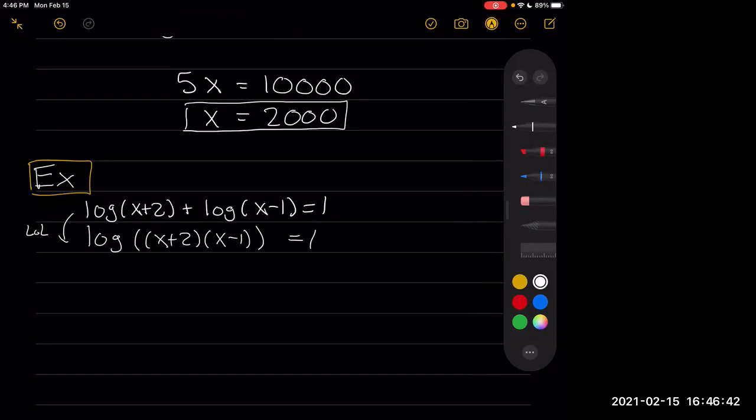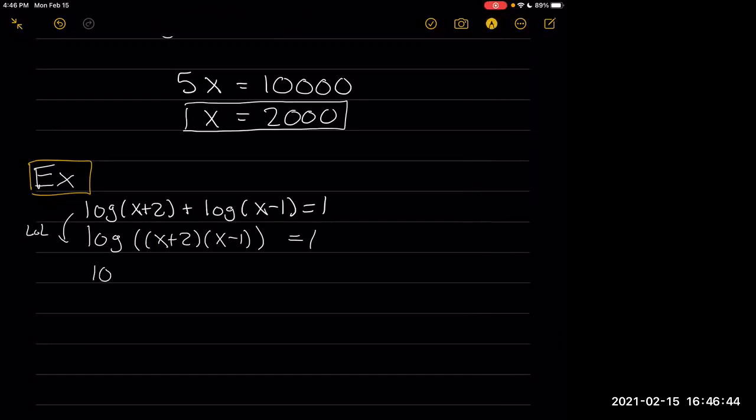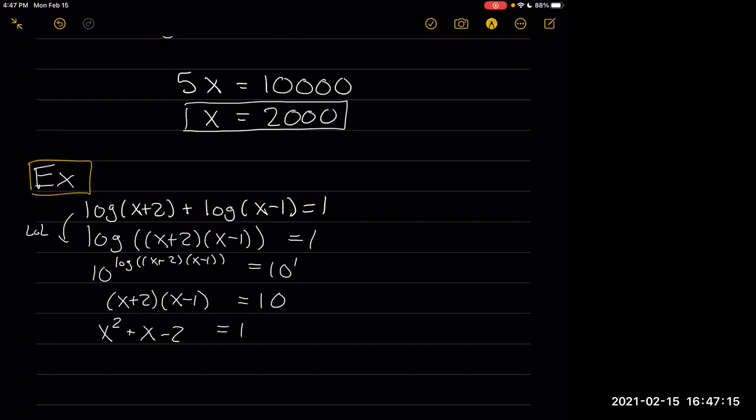All right. So then we end up with 10 raised to the log of (x plus 2)(x minus 1), equal to 10 raised to the first. So we get (x plus 2)(x minus 1) equaling 10. Now we're going to FOIL out, and we end up with x squared plus x minus 2 equals 10.